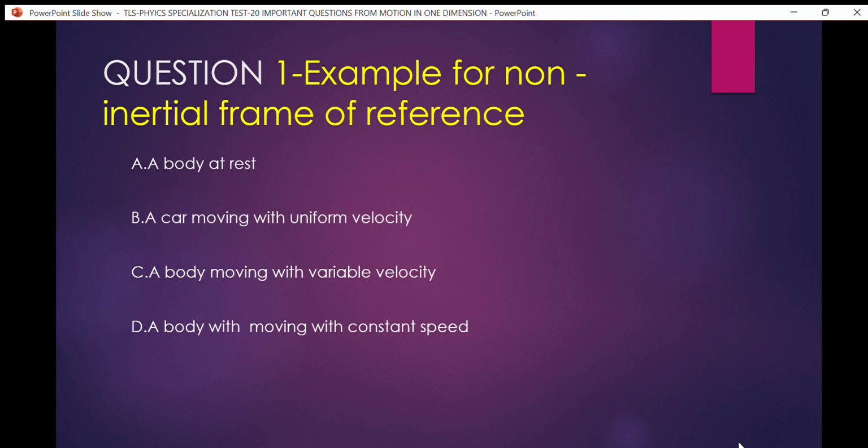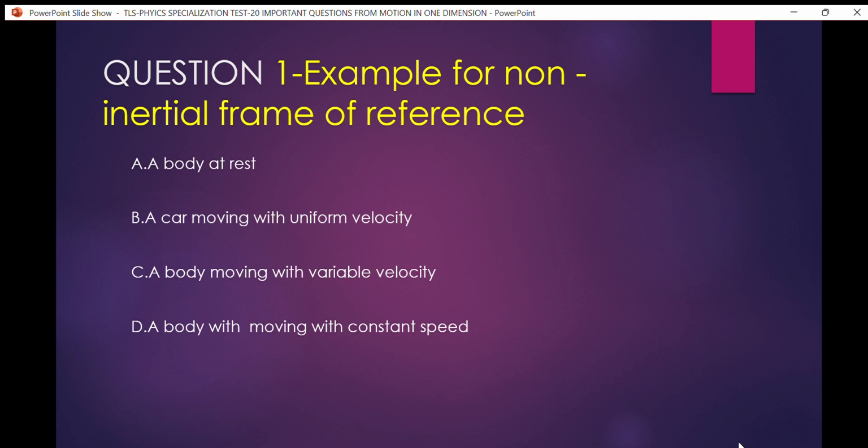And frame of reference, basically you can divide into two: inertial frame of reference and non-inertial frame of reference. In inertial frame of reference, the frame can be at rest or moving with a constant speed. That means Newton's first law is valid.